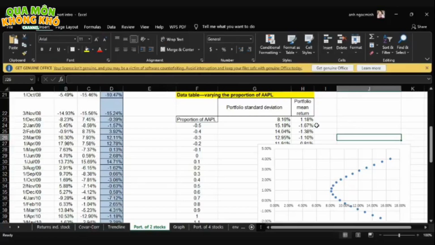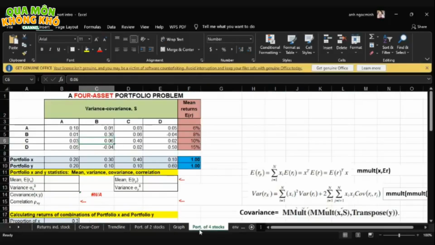Okay. Yes. And the next one and the last one is the portfolio of four stocks. Because in the first part, King Lộc presented to you how to calculate the variance and covariance very carefully, and after the teacher's summary, I think that you can understand this deeply.